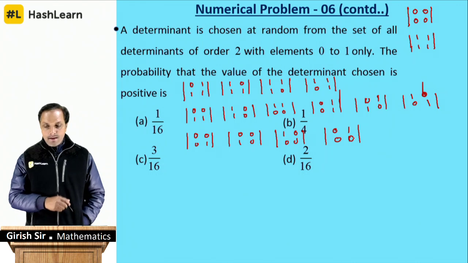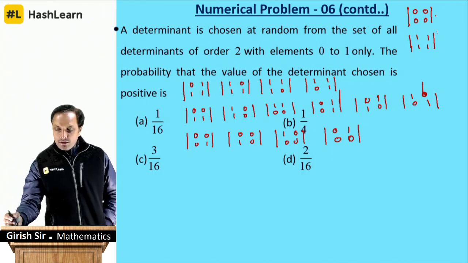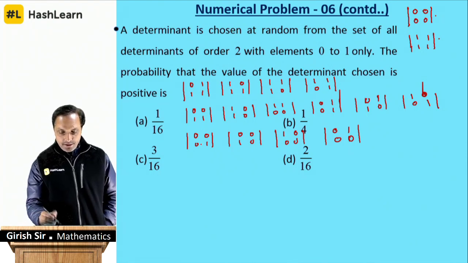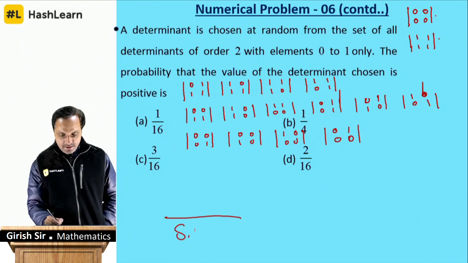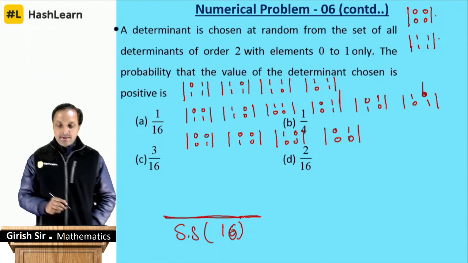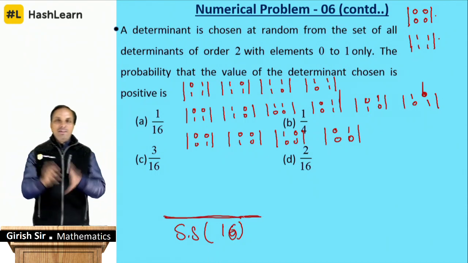Okay, and 4 zeros and 4 ones I have already used. Chalo, count karo: 1, 2, 3, 4, 5, 6, 7, 8, 9, 10, 11, 12, 13, 14, 15, 16. So what is the sample space? Sample space is nothing but 16. All the possibilities you need to write.